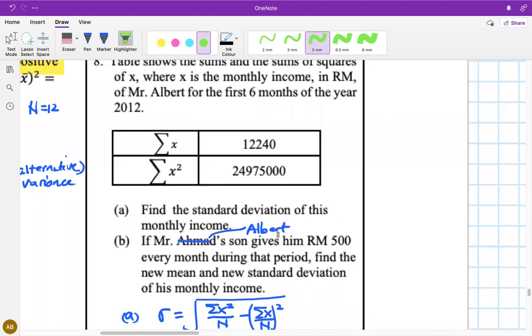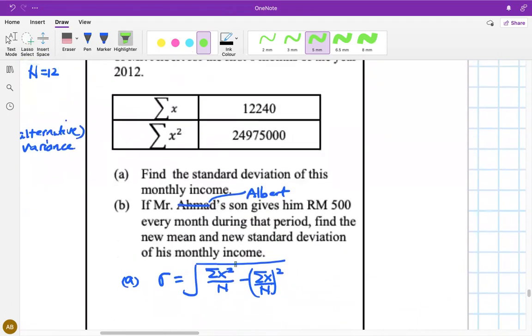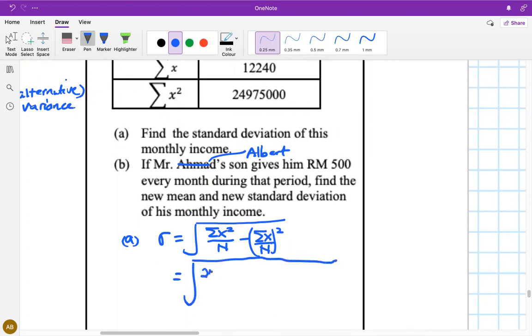So we use the formula square root of the sum of x squared divided by n, minus the sum of x over n, squared, right? So we put in all the values. The sum of x squared is 24,975,000 divided by 6 months.